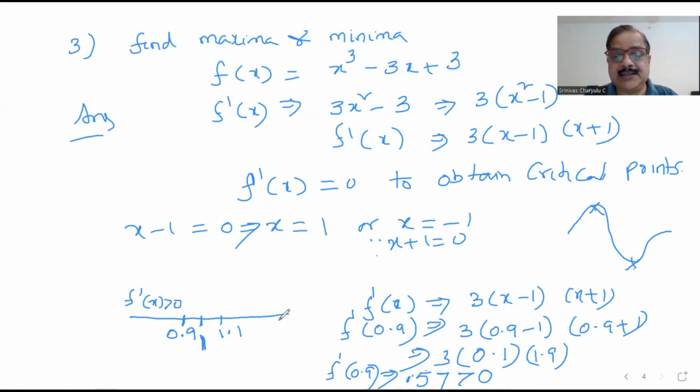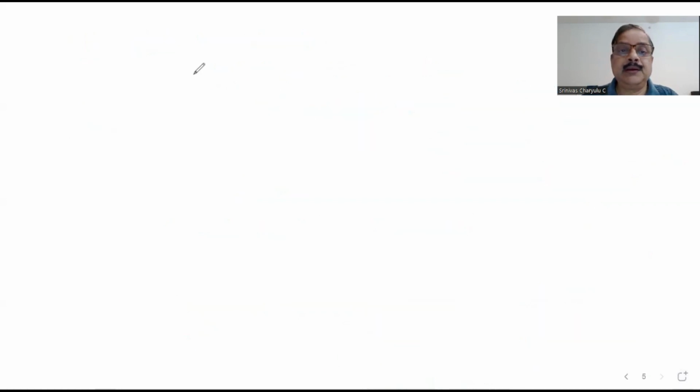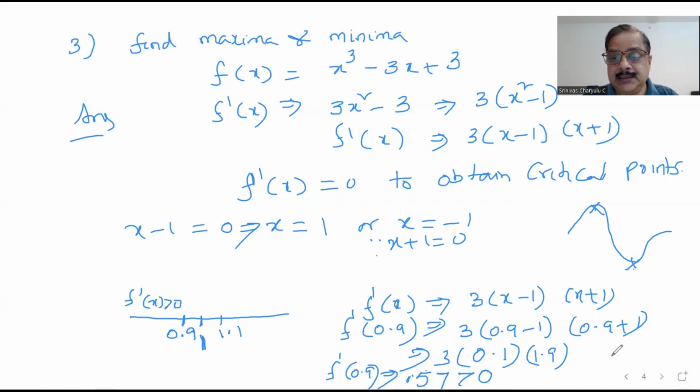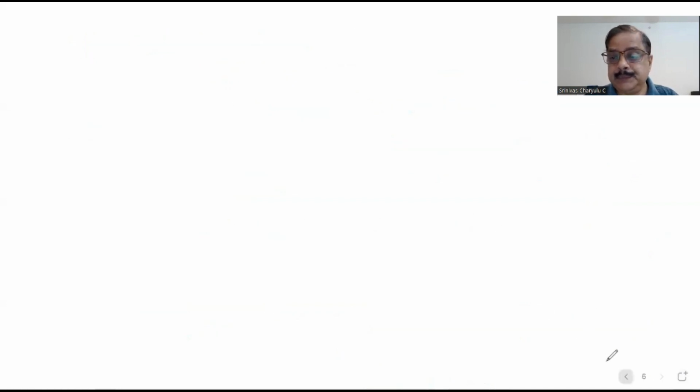That means on the left hand side, f dash x is greater than 0. Now let us go to the right hand side. 1.1 will substitute. f dash 1.1: our equation f dash x is 3 into (x minus 1) into (x plus 1).